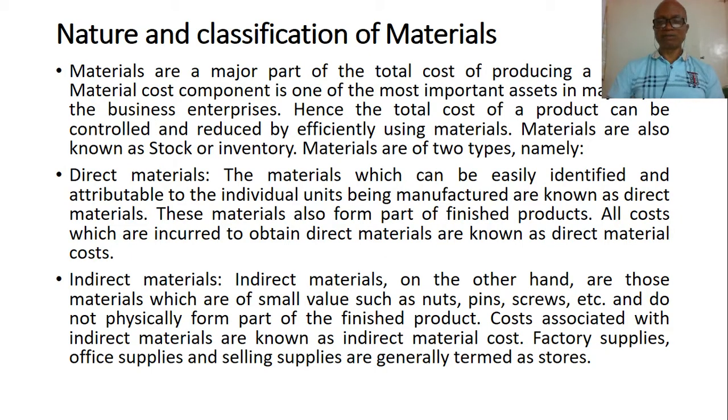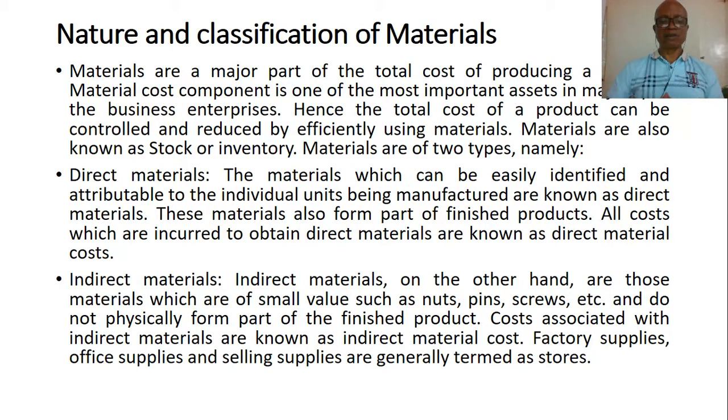Materials are of two types. The first one is direct materials, and the second one is indirect materials. Direct materials are materials that can be easily traced or attributable to individual units being manufactured by a particular organization. Whereas indirect materials are those materials that are of quite small value, although they are also important.